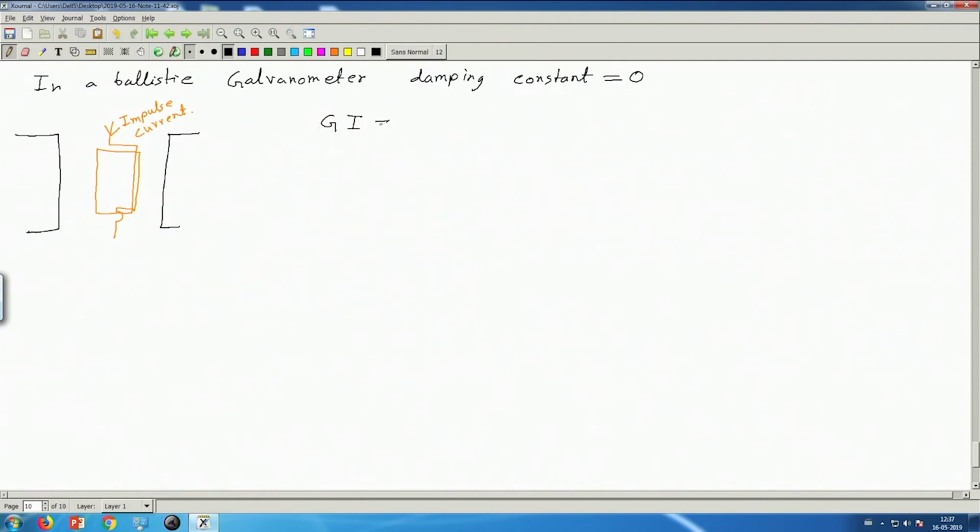This is equal to the torque. Okay. And therefore, this should be equal to the moment of inertia multiplied by the angular acceleration.